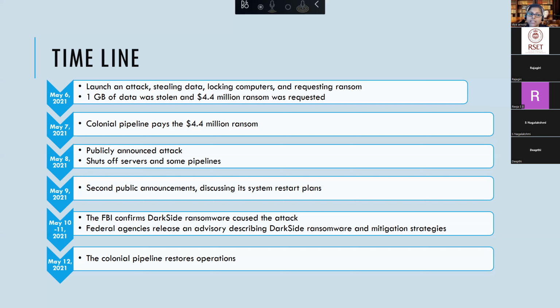And on May 10 to 11, the FBI identified that the cyber criminals behind this particular Colonial Pipeline attack were the DARKSIDE ransomware group. Now, the DARKSIDE ransomware group, we can treat them as gray hat hackers because their main objective is monetary gain.